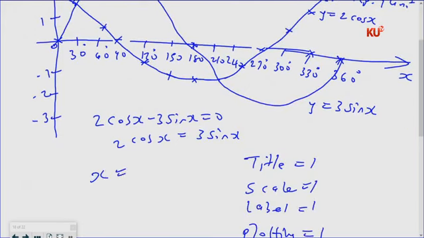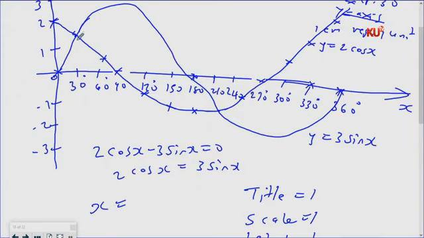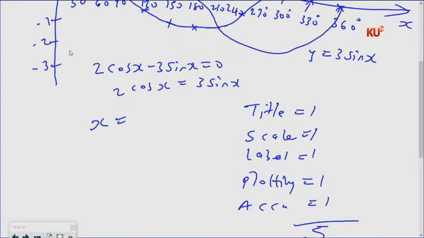Drop downwards and get the values of x. So for me, my x approximately will give me 30 degrees. But for your case, it could be 28 or 29 or 31 or 32, depending on your accuracy. So mine, I'll guess it's 30 degrees.